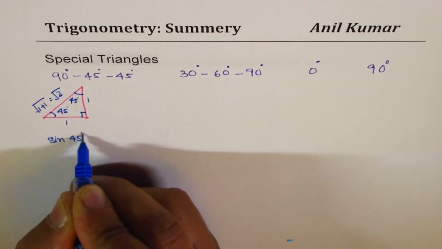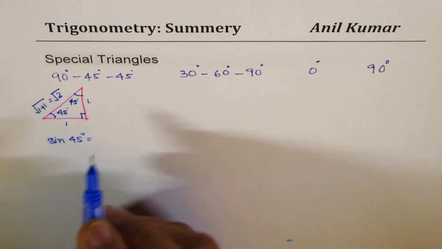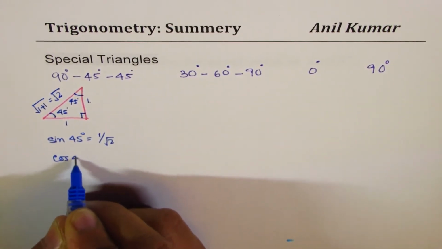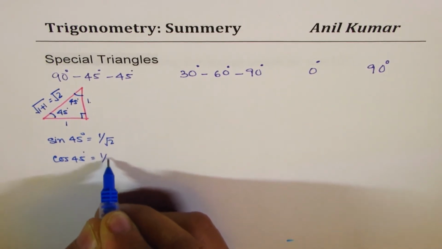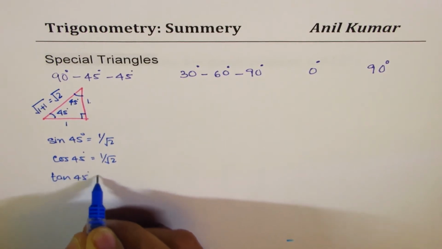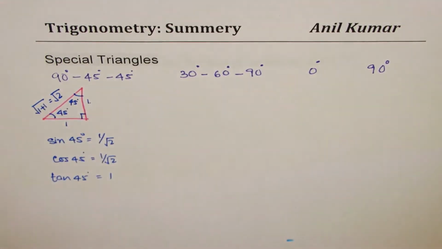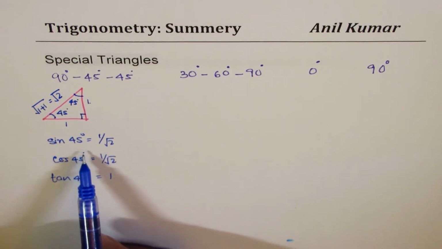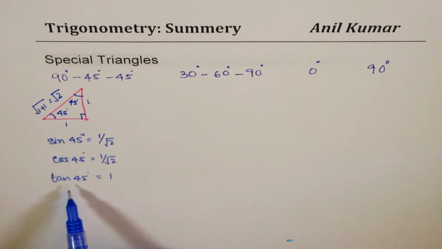Sine of 45 degrees is 1 over square root 2. Cos of 45 degrees is also 1 over square root 2. Tan of 45 degrees will be 1, since these two sides are equal. You could also write ratios for the reciprocals of these, which are secant, cosecant, and cotangent.